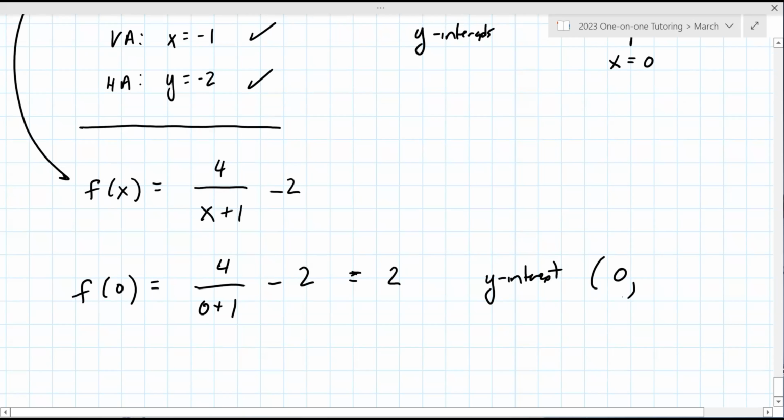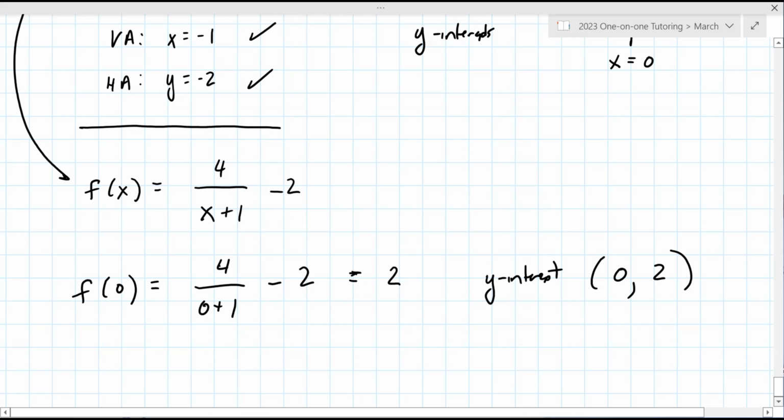The y value is whatever you found, but it's an ordered pair. Remember I said the vertical asymptote is an equation, the horizontal asymptote is an equation. The y-intercept is an ordered pair. It's not okay to just say the y-intercept is 2. Maybe your teacher will be okay with it, maybe not, but they want it as an ordered pair, just like they want the asymptotes as an equation.